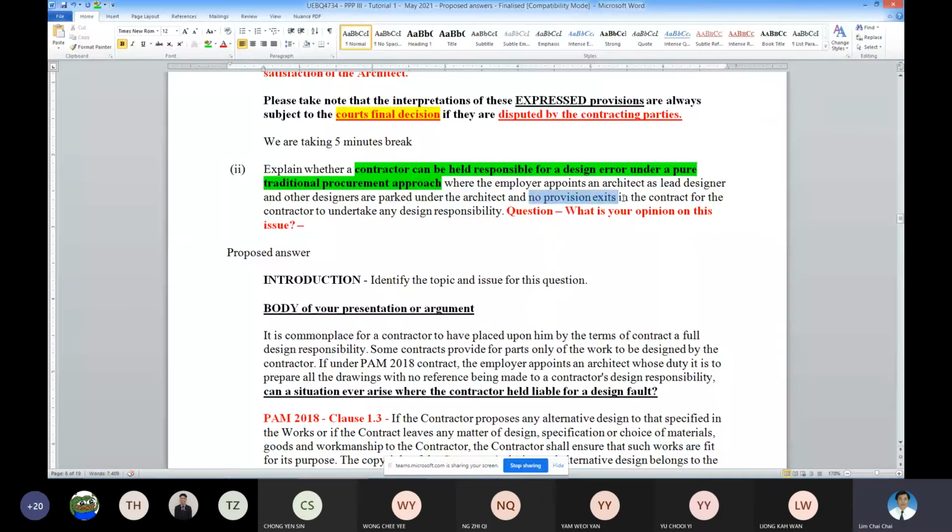So this is the condition under a contract between party A and party B, a contractor and the owner. So what will be your opinion on this? Is the contractor going to be responsible or not? So this is the issue.